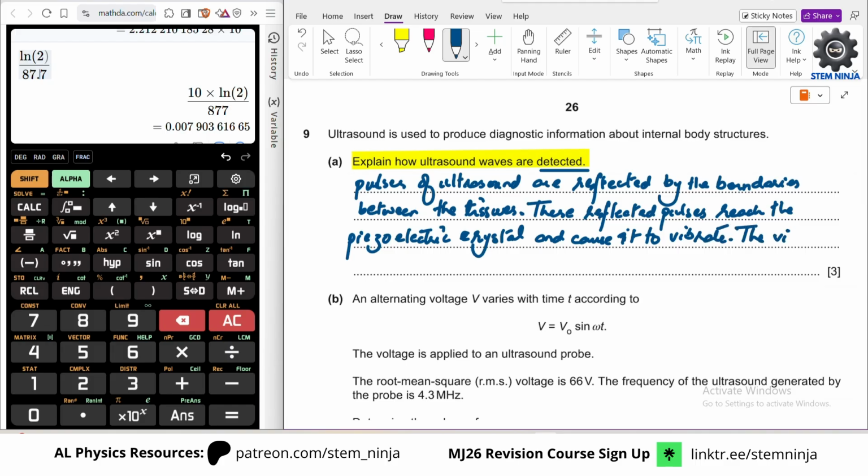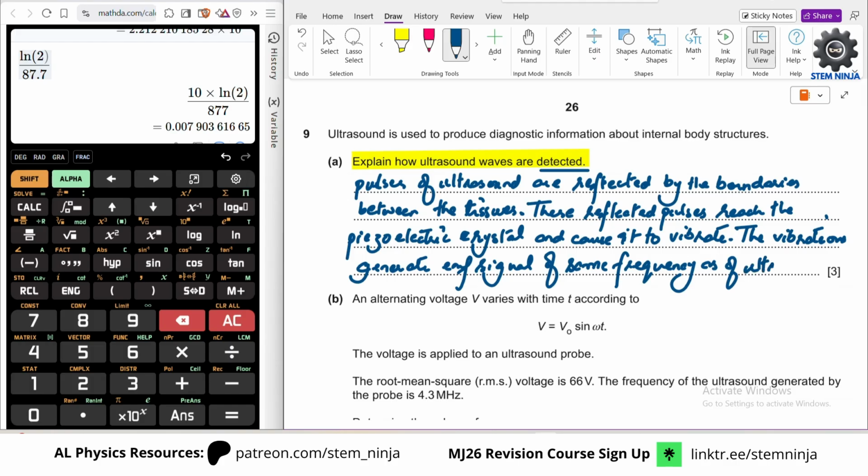The vibrations cause the piezoelectric effect. The vibrations generate an EMF signal of the same frequency as the ultrasound pulses.